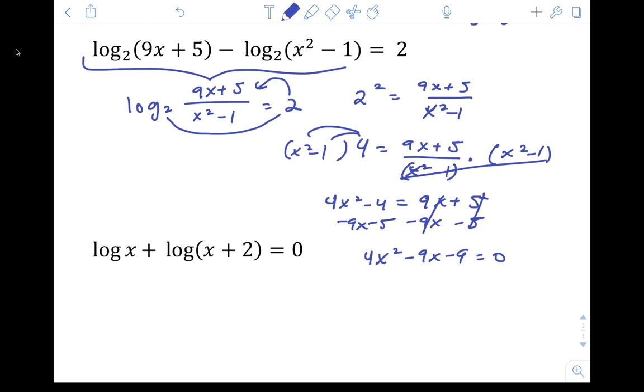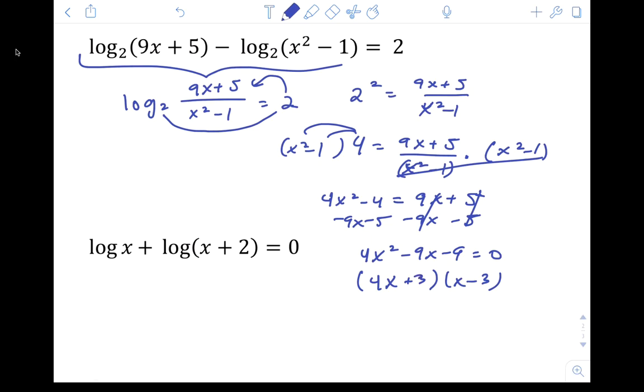Believe it or not, that is factorable. If you were to do swing and divide, you would have 4x and x, and that'd be 3, because that would make 12. I need a negative 12, and then positive 3 would give me the negative 9 in the middle when I combine negative 12 and positive 3. Yep, good.